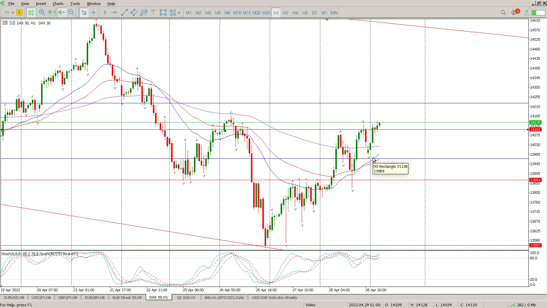I suspect we get some kind of a pullback back into this area. Wouldn't surprise me to see us come all the way back down here to 13,864.